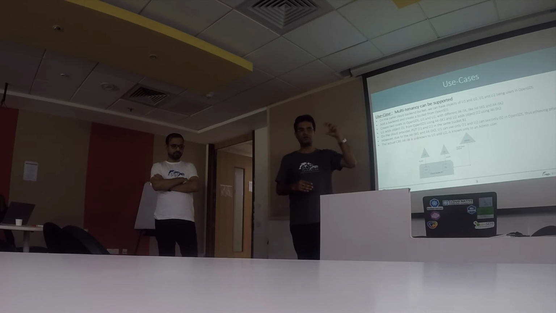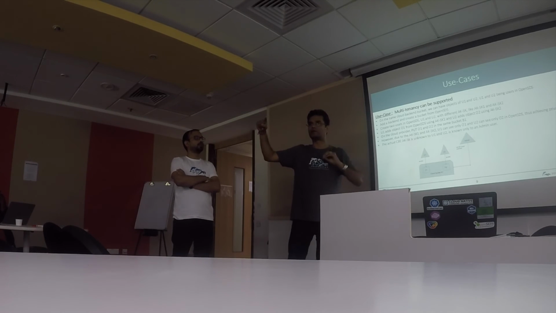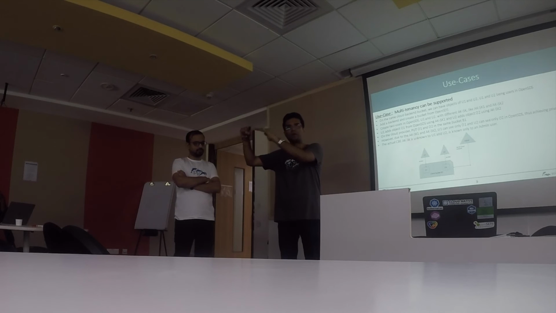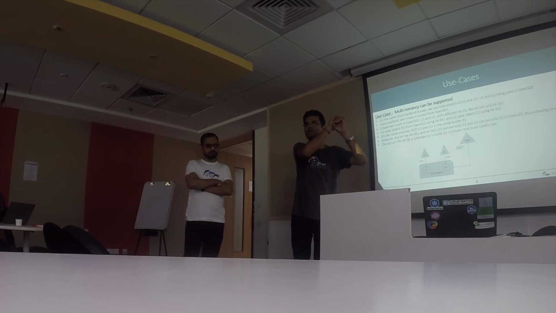Even though there is one AKSK, let's take AWS as an example, for different users of OpenSDS we will generate different AKSK. Internally, that will be routed through this AKSK. But when this user accesses the objects, it will be only through the AKSK he has put. That is one of the use cases.